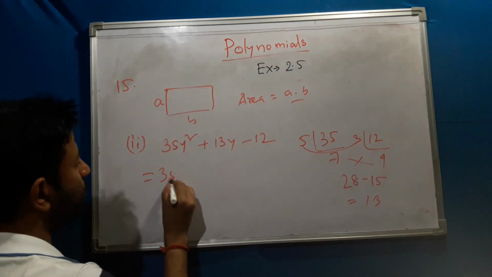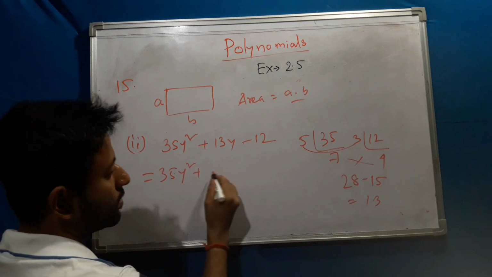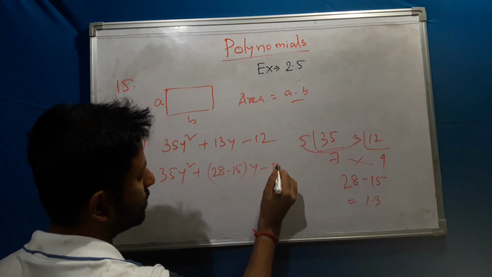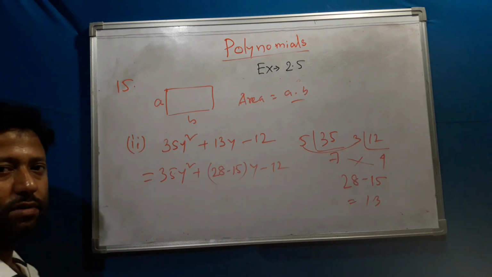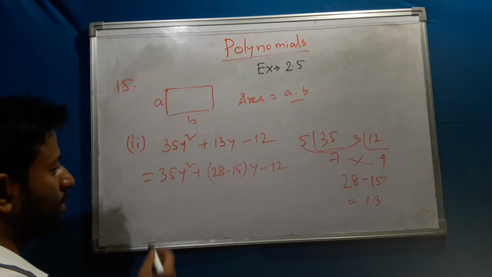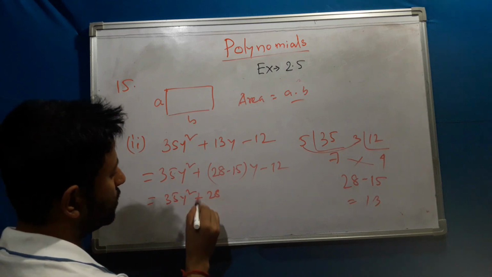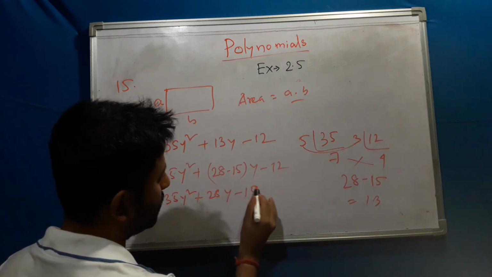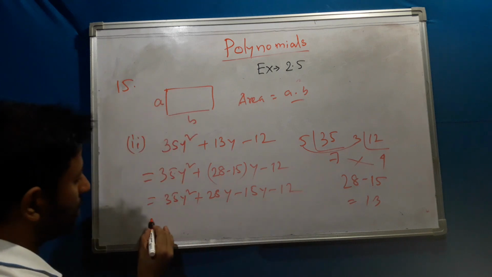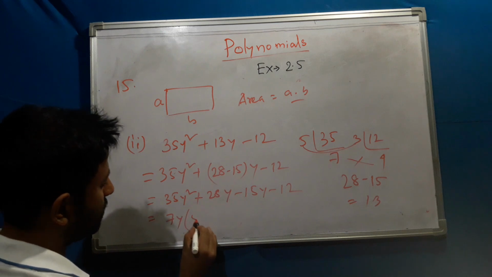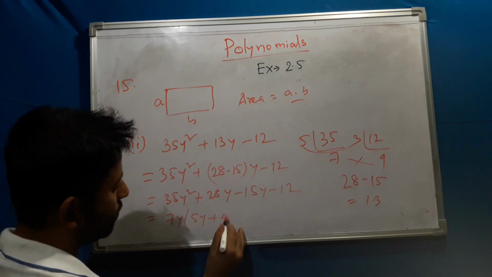So how can I arrange this one? 35y square plus 28 minus 15 is 13y, so the middle term is factored as we did in the previous chapter. So it comes 35y square plus 28y minus 15y minus 12. So 7y I can take common, which gives me 5y plus 4.